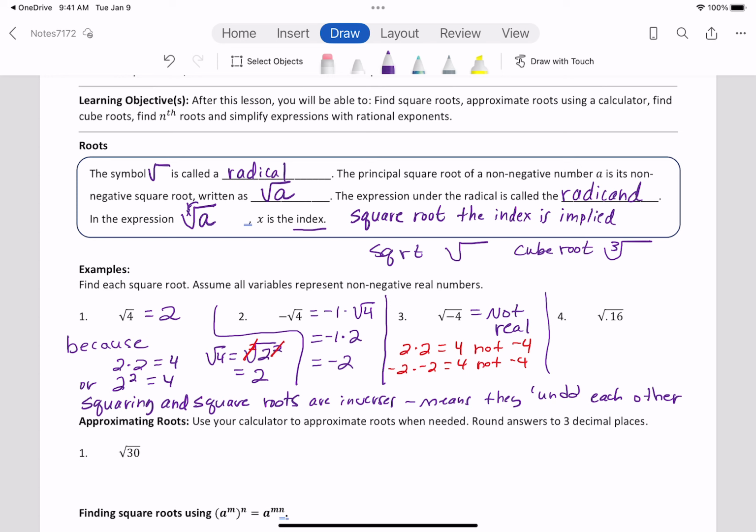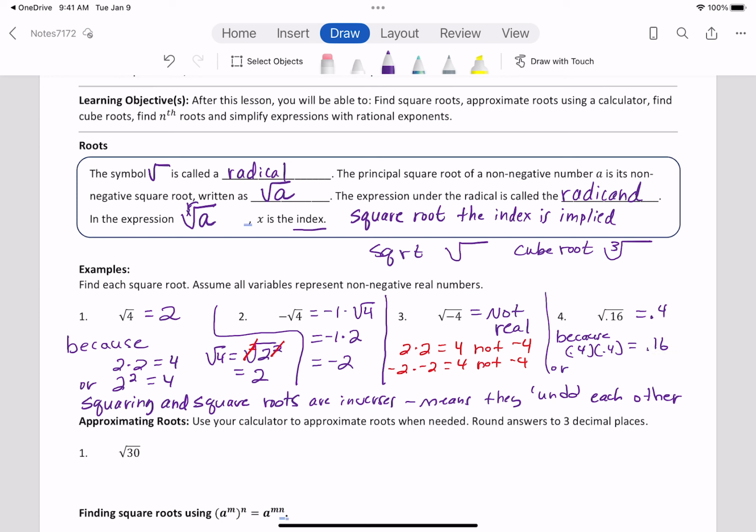Alright, for the next one, the square root of 0.16 is going to be 0.4. And again, that is because 0.4 times 0.4 equals 0.16.